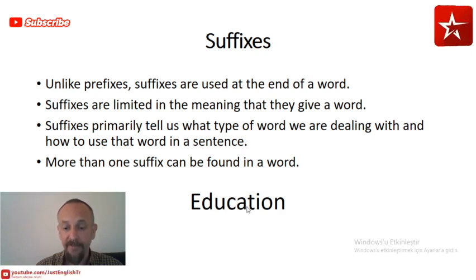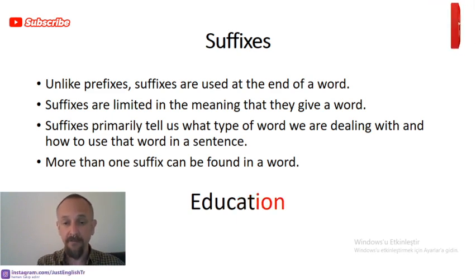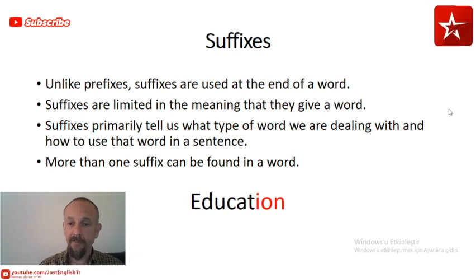And then we have this suffix here, ate. We'll talk about this a little bit later. And then we have also the suffix ion as well. Listen to the pronunciation, education. Not eon or on, education.